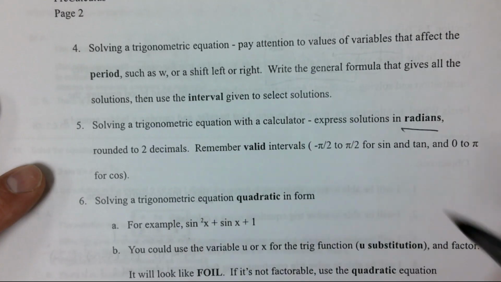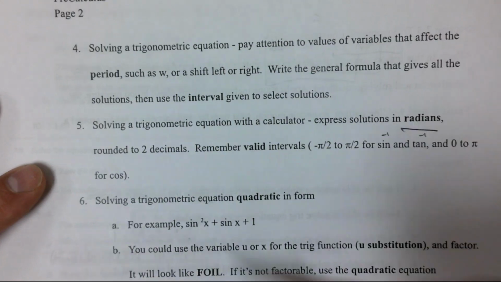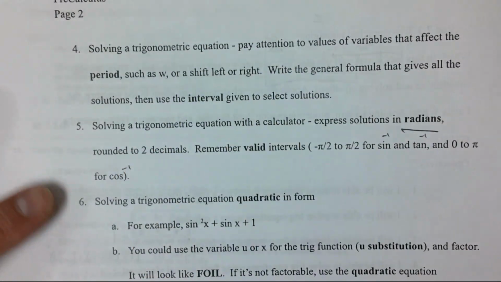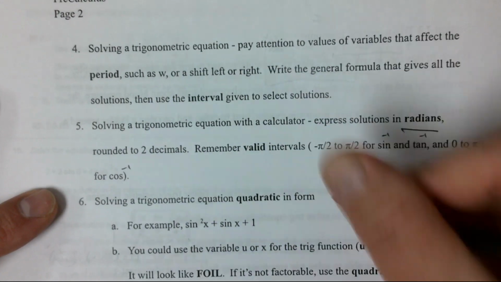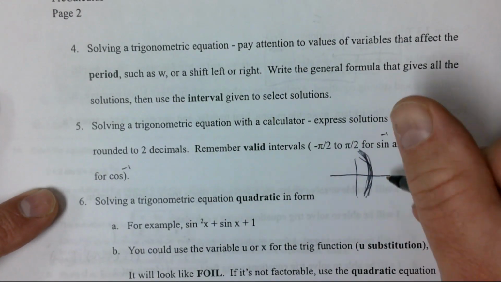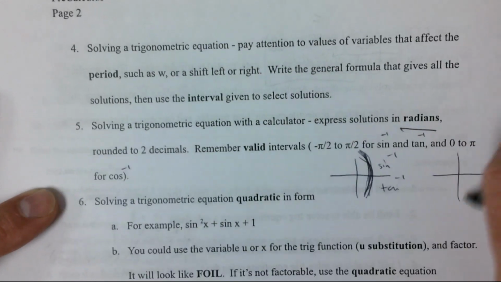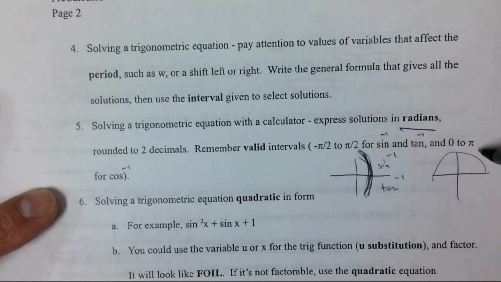So this should have been like sine^-1 and tan^-1 and cosine^-1. So remember, we did this before. It was this when it was sine^-1 and tan^-1. And it was this when it was cosine^-1.